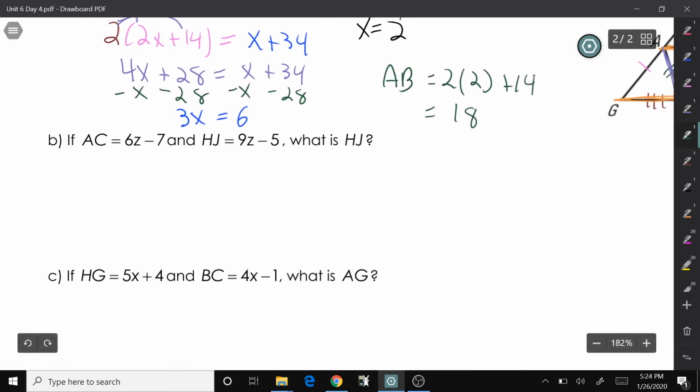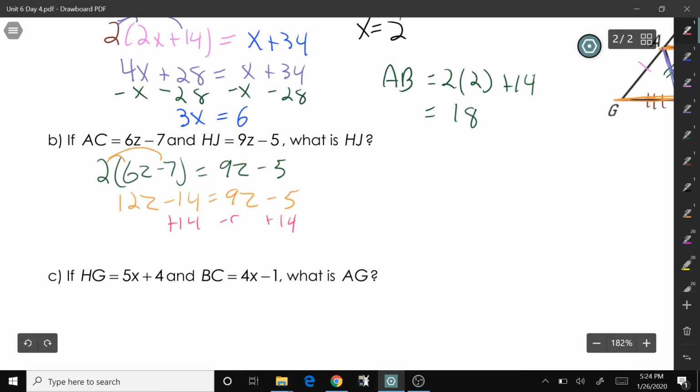So let's do that. 2 times 6z minus 7 equals 9z minus 5. We're going to distribute the 2. 12z minus 14 equals 9z minus 5. We're going to add 14 to both sides and subtract 9z from both sides.